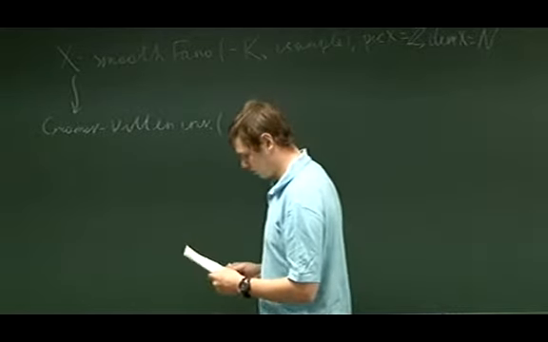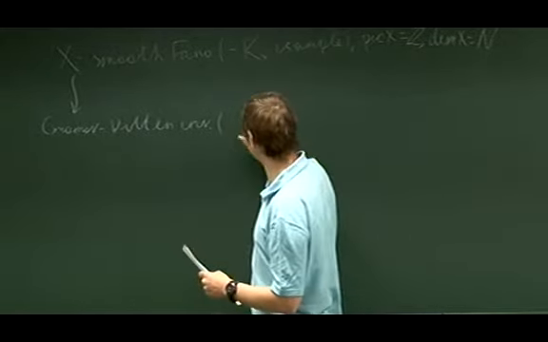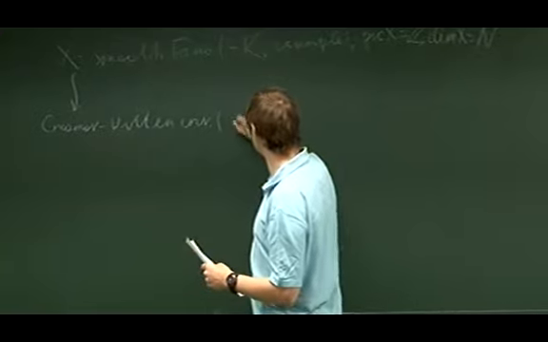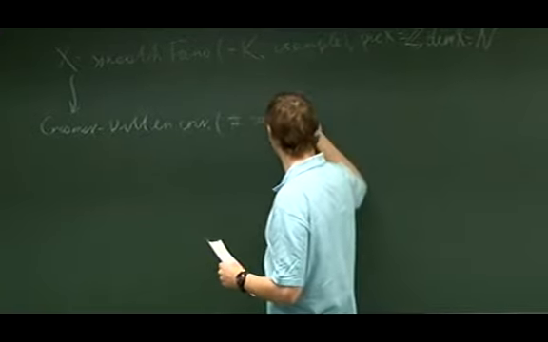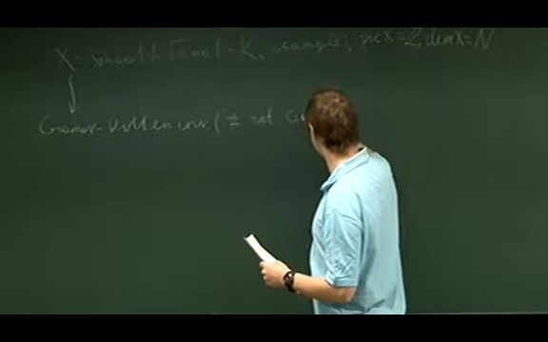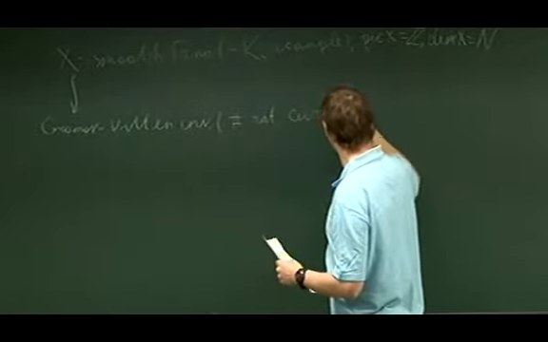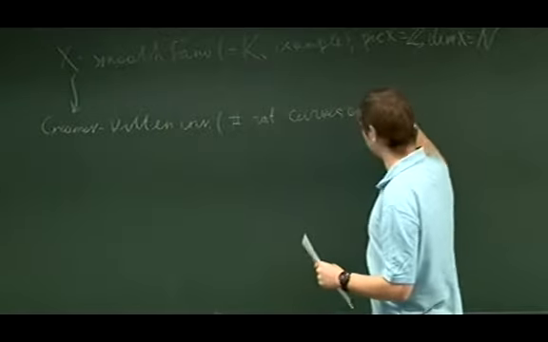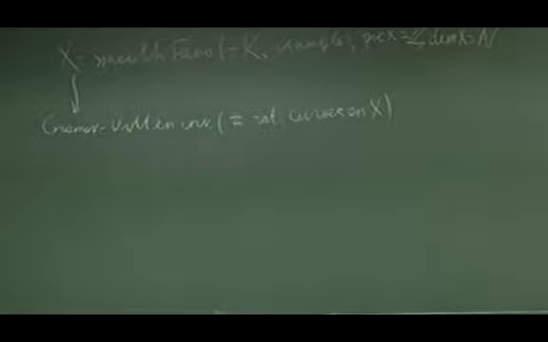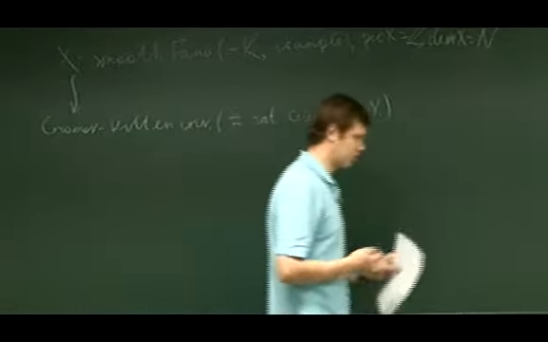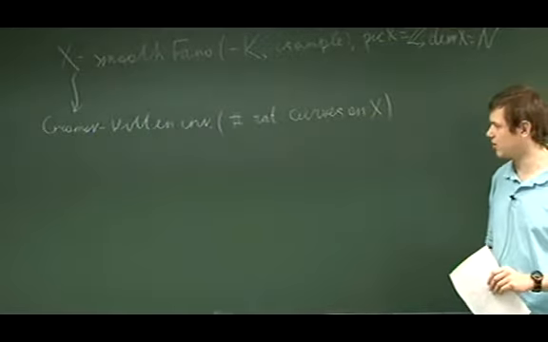So Gromov-Witten invariants, numbers of rational curves on X. And of course, there are a lot of such invariants, such numbers, but there are a lot of relations between them.